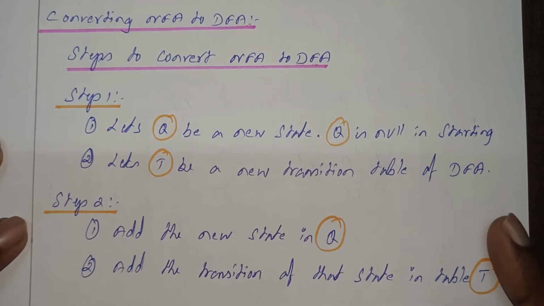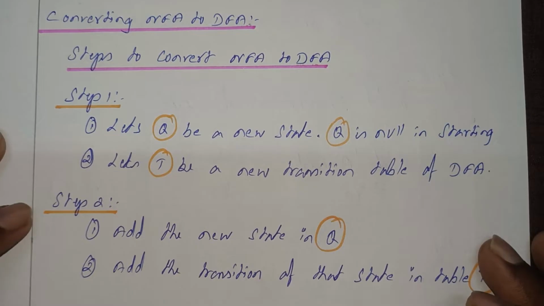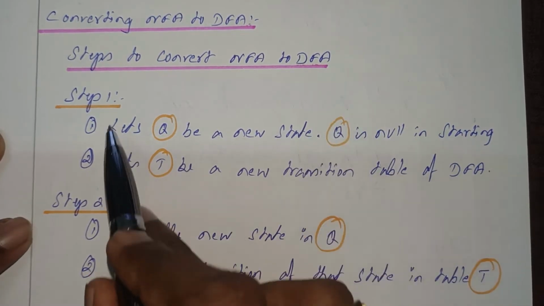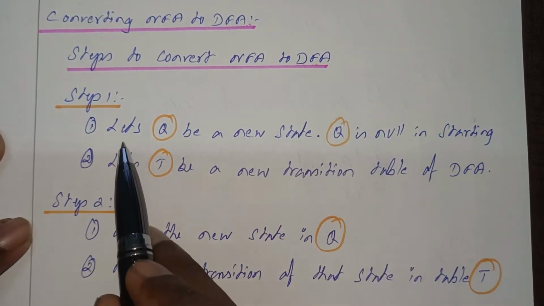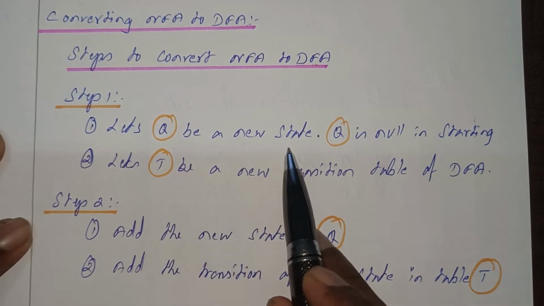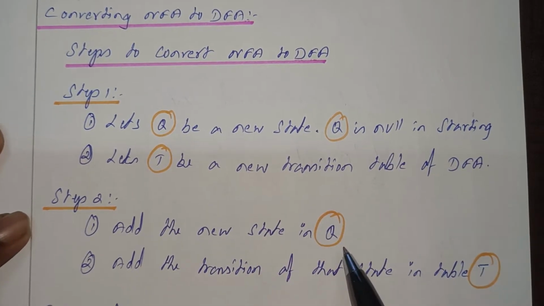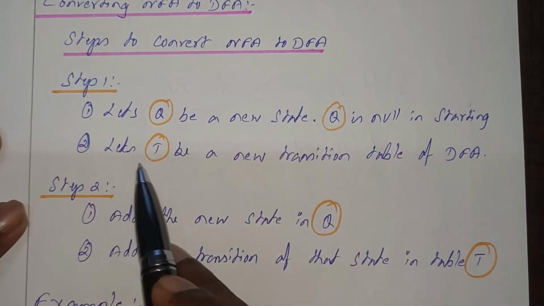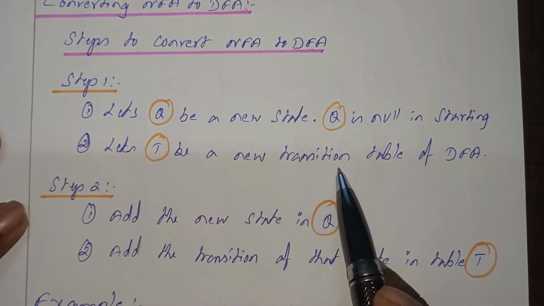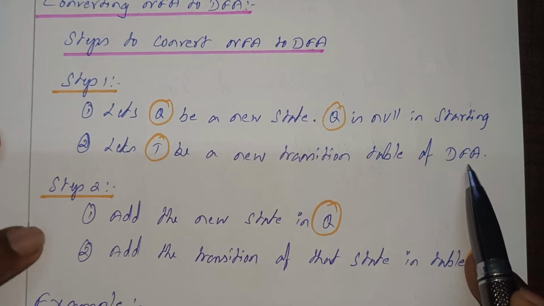So in order to use these particular aspects, we are making this NFA, which is converted into DFA by using the following steps. Assume that Q is a new state, and Q is always null in a starting state. And let us assume T is a new transition table of any given DFA.